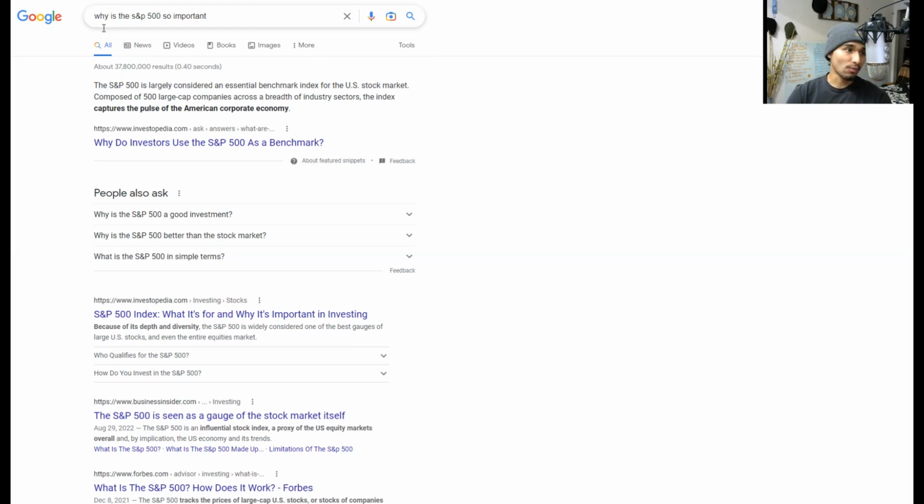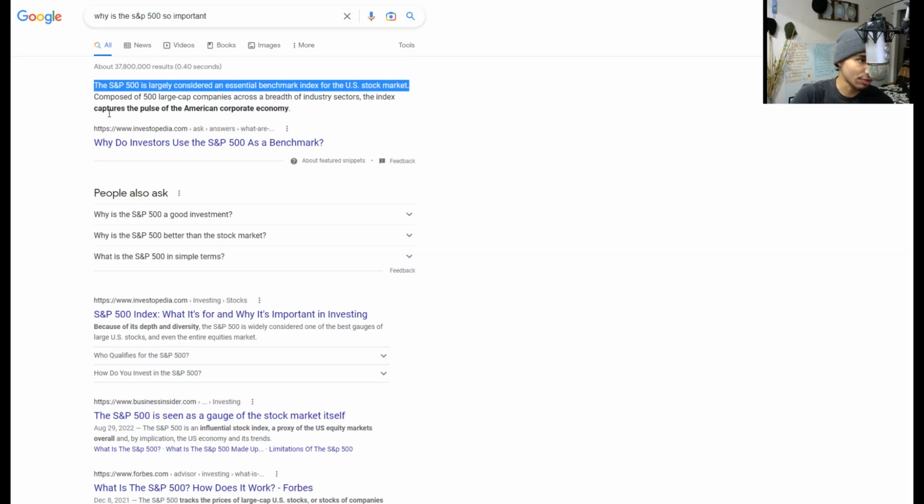So I searched up why is the S&P 500 so important, and it says the S&P 500 is largely considered an essential benchmark index for the US stock market, composed of 500 large cap companies across a breadth of industry sectors.